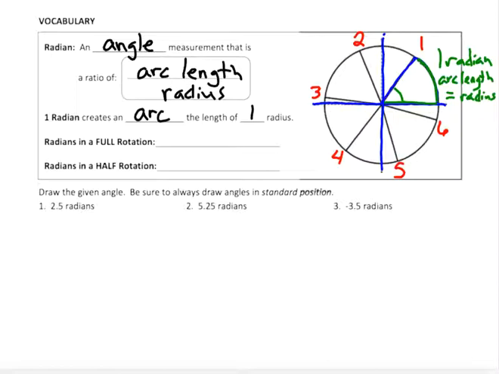Our arc length equals the radius. If I see a full rotation, I'm just past 6 radians, and as a decimal this is going to be 6.28 radians, because that is about equivalent to 2 pi. In half a rotation, we'll have half of this, so 3.14, which is about what pi is.